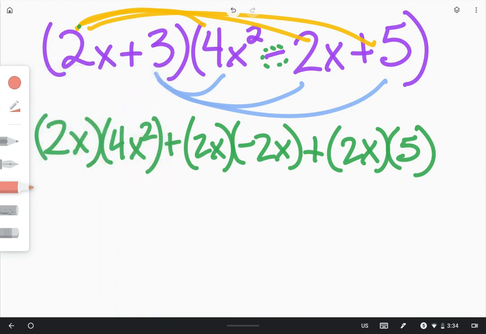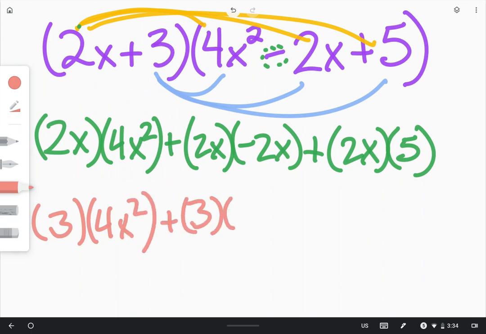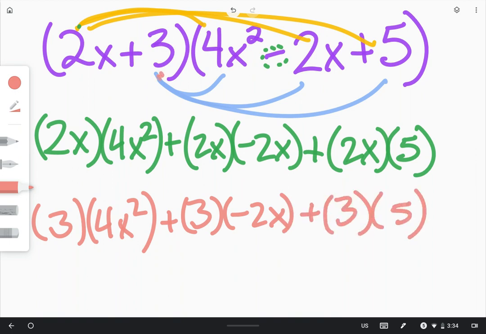So I'm going to write that as well: 3 times 4x squared plus 3 times negative 2x plus 3 times 5. So I've multiplied the 3 times each one of these terms.